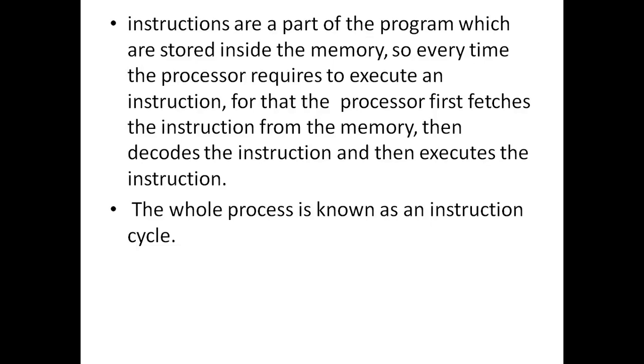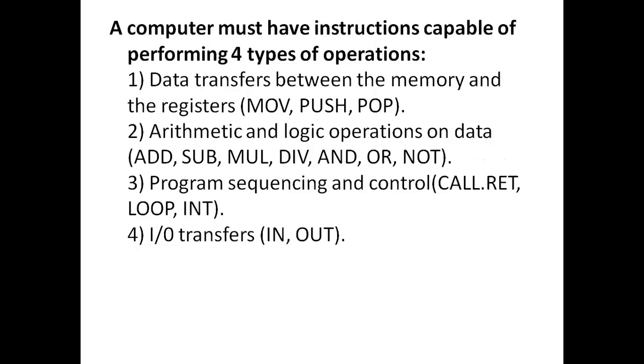Each instruction has a group of fields. Commonly, there are 3 fields in each instruction. The first field is a mode, the second field is an opcode, and the third field is an operand or address field.